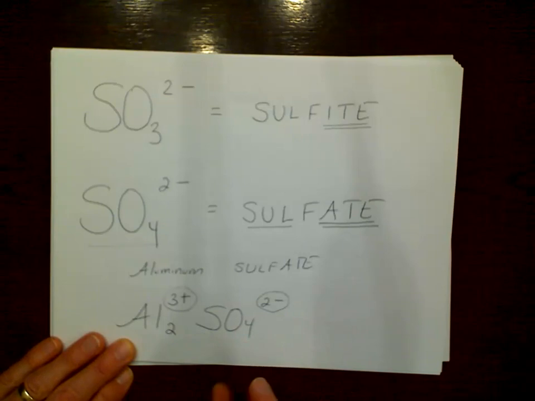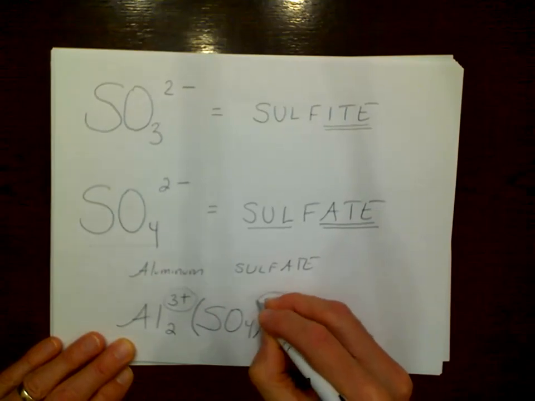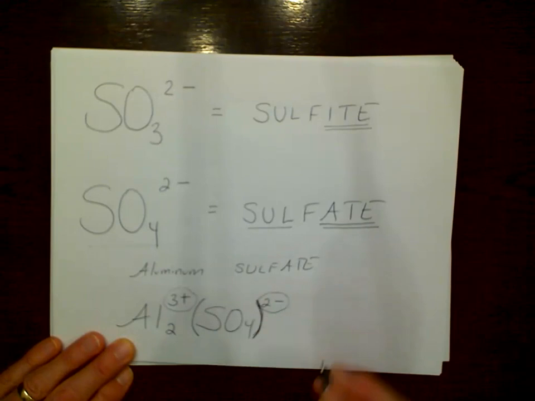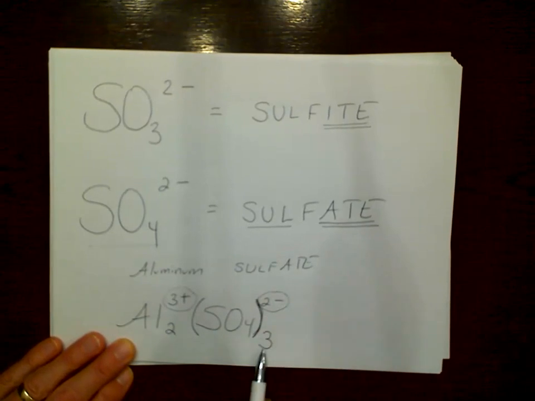So what we do to indicate we need 3 sulfates is we bracket the sulfate in a parenthesis like this, and we put a subscript 3 down here. And this is telling people, take this 3 and multiply everything in the parentheses by 3.